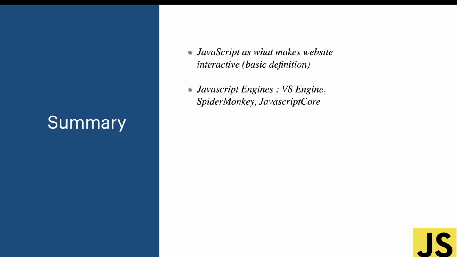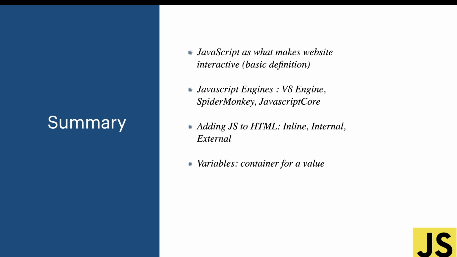On Safari, we have JavaScriptCore. We are going to understand the usefulness of these engines and what we as developers should know about them. We looked at how we can add JavaScript to HTML5. So we saw inline JavaScript, the internal and the external JavaScript.